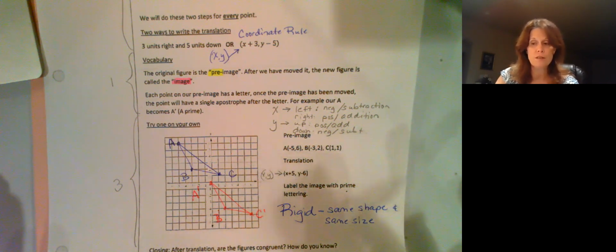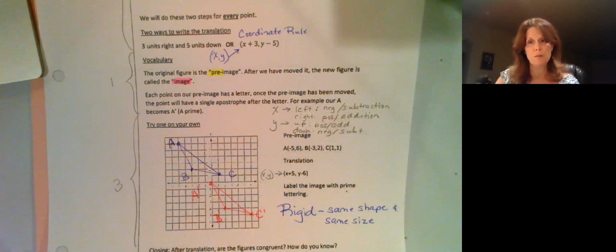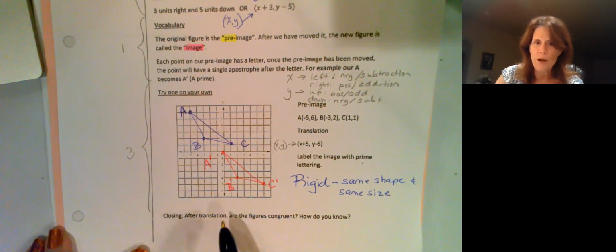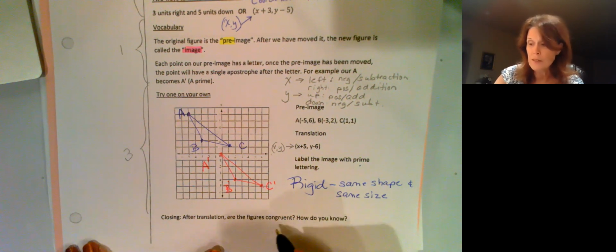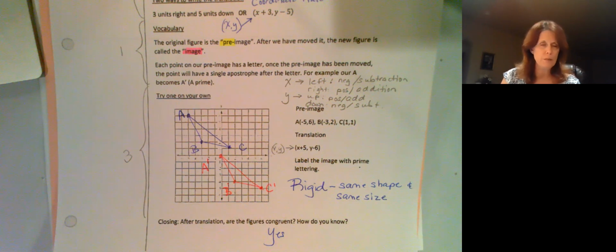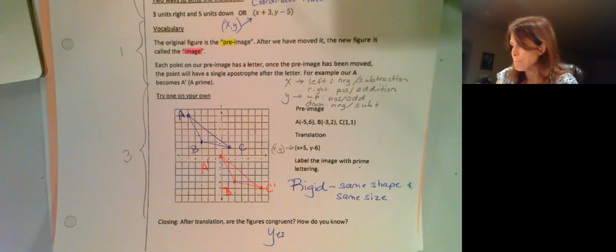It'll look exactly the same in terms of being a congruent shape. So a translation is a rigid transformation. After a translation, are they congruent? Yes. How do I know? Because all of the points moved the same direction and the same distance. So it wouldn't change its shape at all.